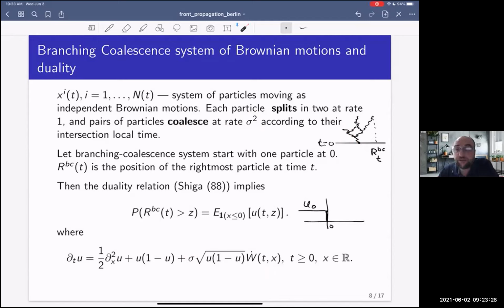And the speed of this particle is 0. This gives us another motivation to study the stochastic KPP equation. Another remark: this drift term here has a connection to the branching mechanism in the dual system, and this term, which is the noise, is coalescence.